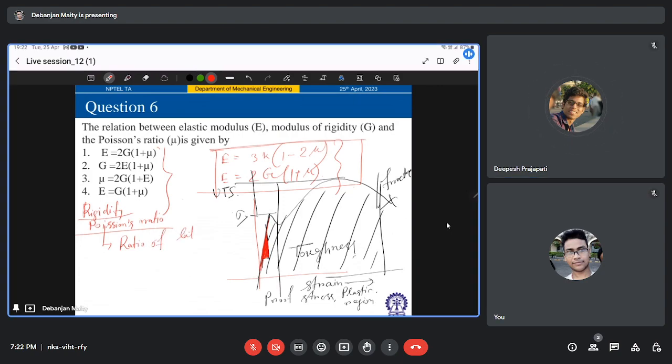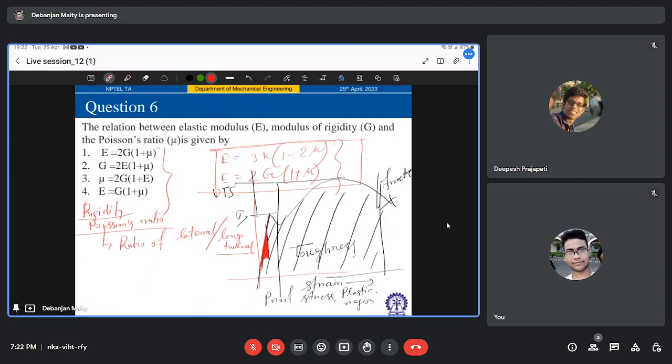Right, the ratio of lateral to longitudinal strain. This happens because when you are straining the material, you will have a change in length as well as, if it is cylindrical, a change in diameter also. So you'll have strain in the lateral direction as well as in the longitudinal direction.